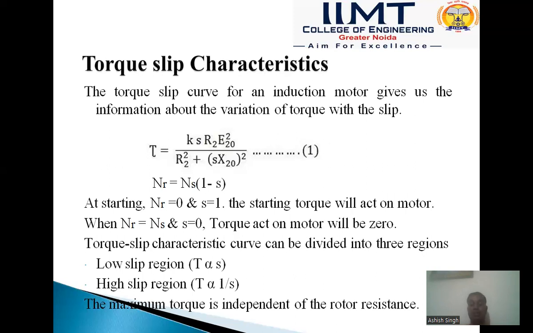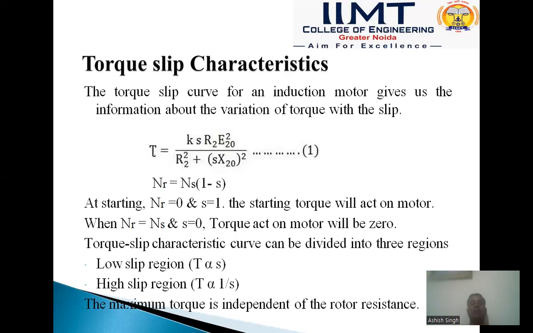So as we have seen here, the value of s is very small. So the product s²X₂₀² is much lesser than R₂². As compared to R₂², the value of s²X₂₀² is very less.